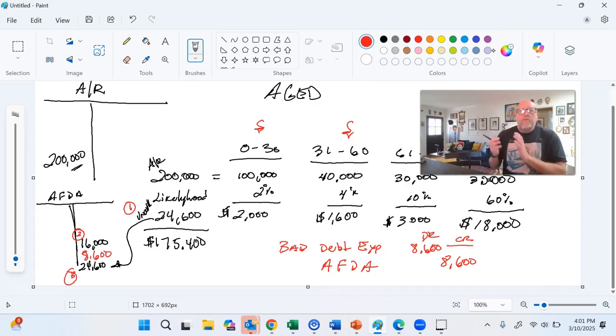And the adjusting entry for bad debt expense is the difference between what it currently says and what it should say. And that, my friends, is the balance sheet approaches, the percentage of receivables and then the aged receivables.